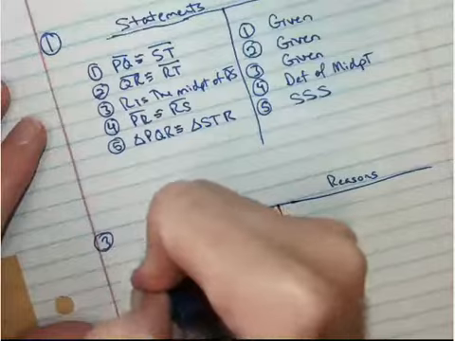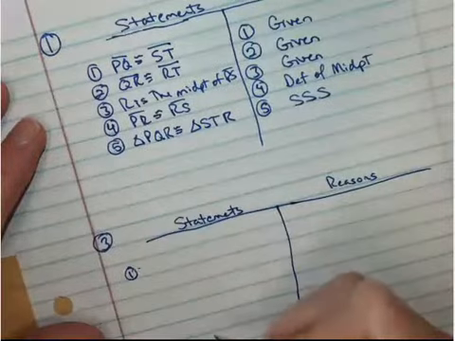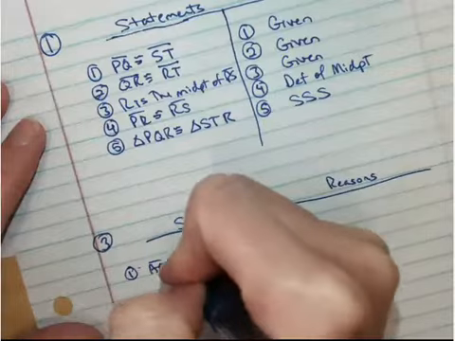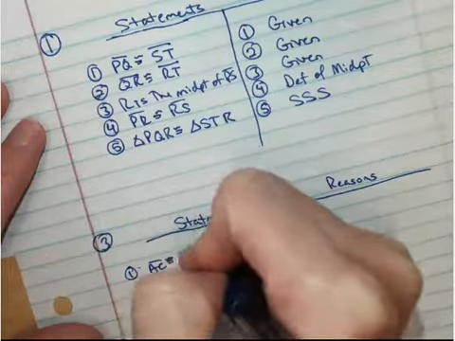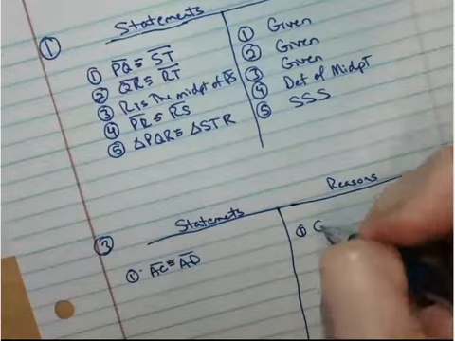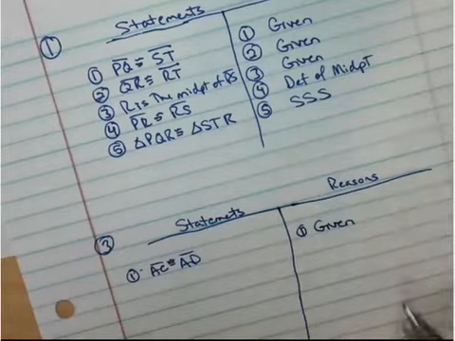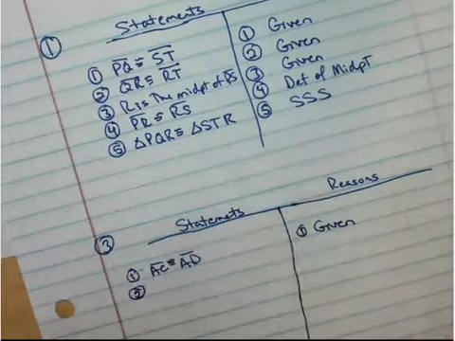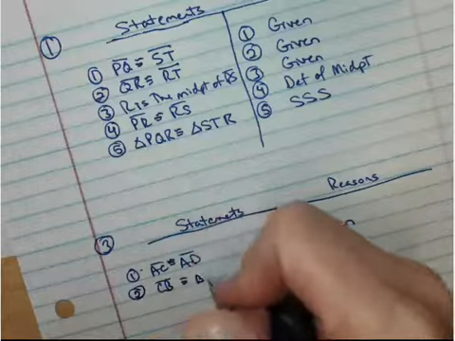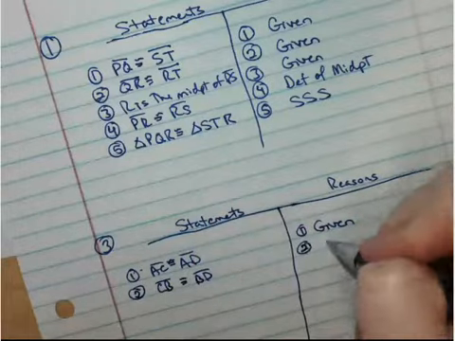So the first thing that they told us is that AC is congruent to AD. And this is given. The next thing we know is that CB is congruent to BD, and that's given.